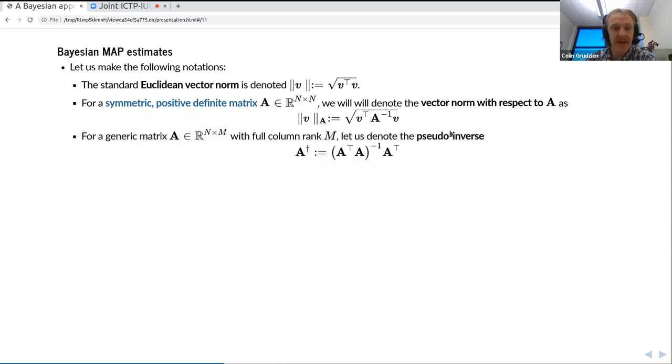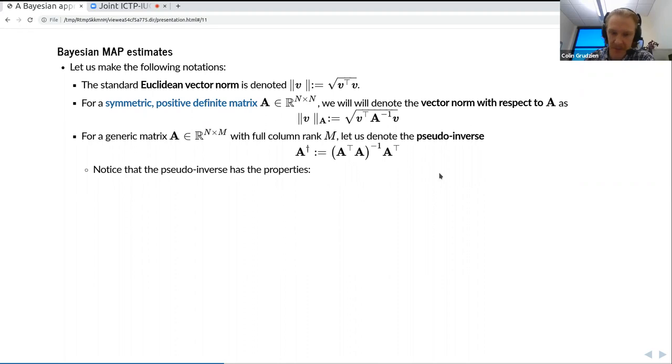If we want to extend this a little bit, let's consider a matrix A of size n times m with full column rank. We will refer to its pseudo-inverse as A dagger, where A dagger equals A transpose A inverse times A transpose. This has some very interesting and highly useful properties.